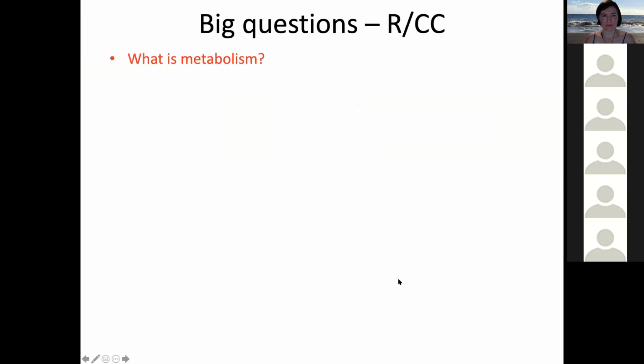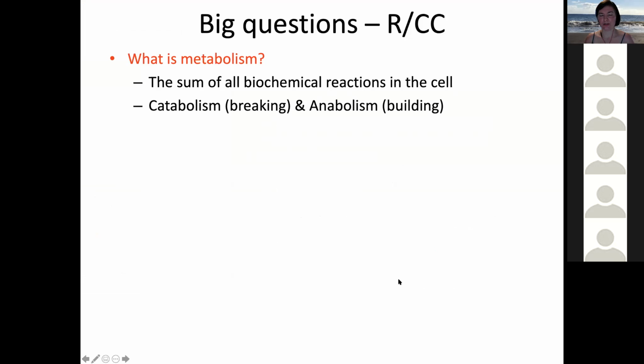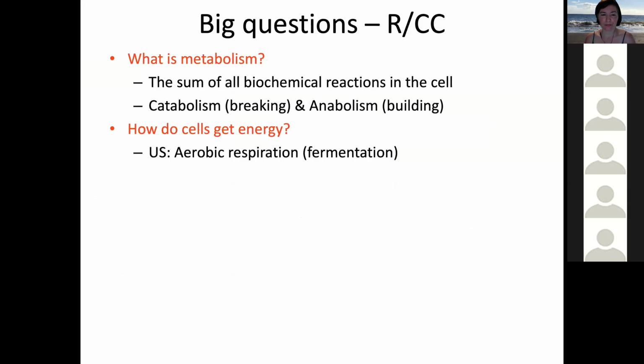All right, so metabolism encompasses all of our biochemical reactions, including the things that break down the nutrients to release their energy and their components, and the things that build up those components using the energy into larger structures. Where energy comes from, different cells get energy from different places, but presumably in the past few classes you've learned that cells like our own primarily use aerobic respiration to get energy.